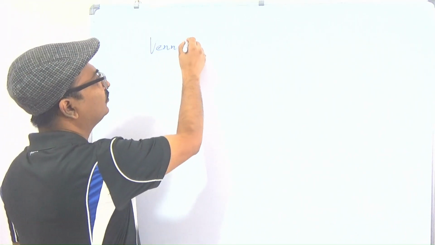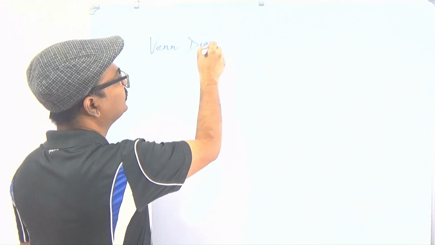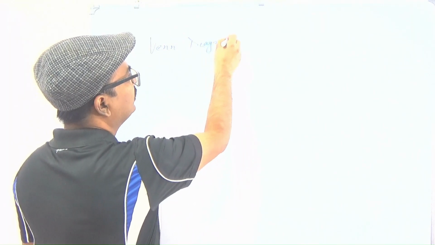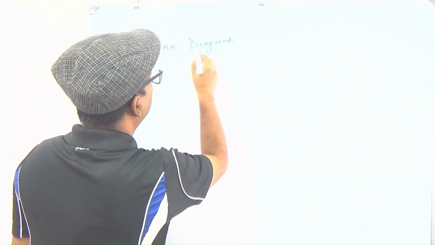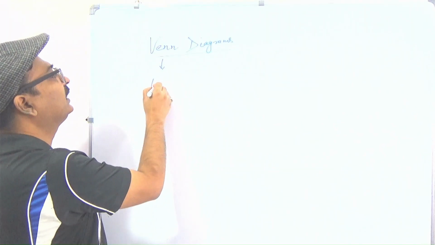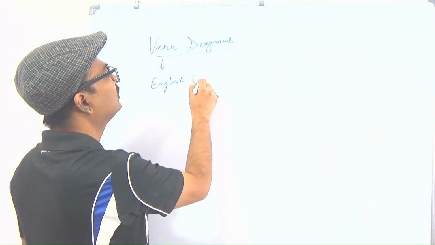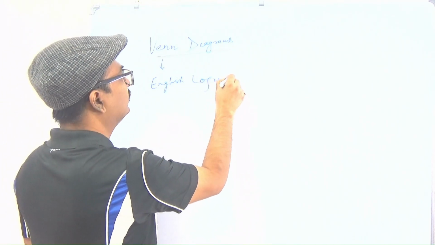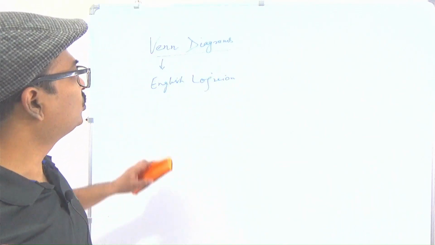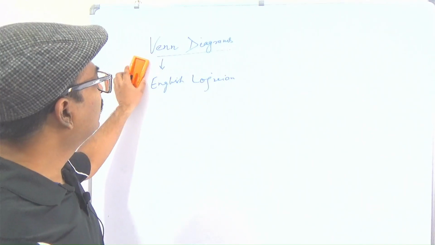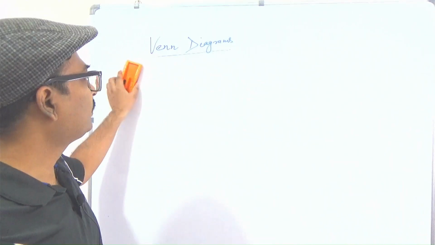Venn diagrams. They are named after John Venn, an English logician. What are Venn diagrams?